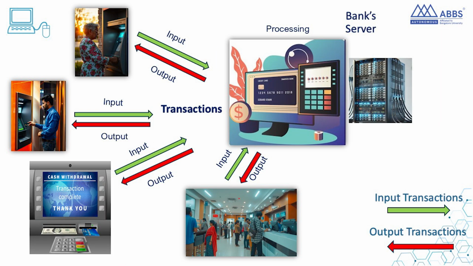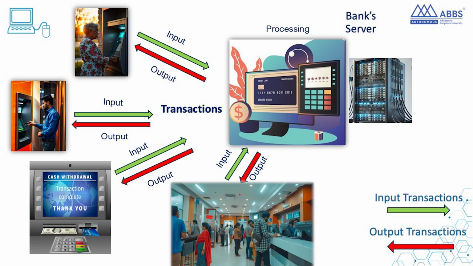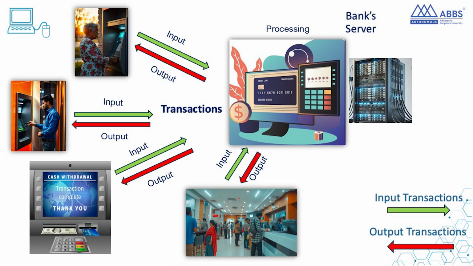Now, when we look at this diagram, the activities input, processing and output seem to happen sequentially on a personal computer the way we demonstrated in the diagram. But in reality, this might happen in multiple locations. If you look at this diagram, we are taking an example of a bank where the input activities are happening at multiple points.